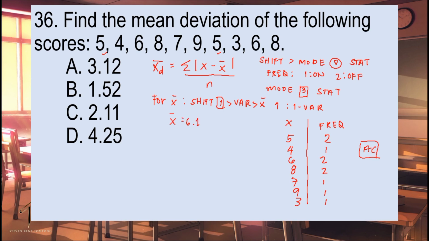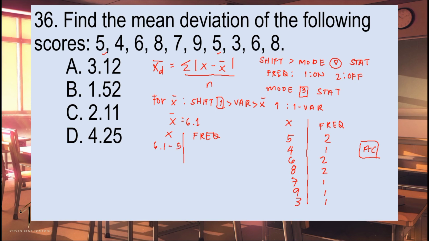Okay? Then, after nyo nun, ulit kayo dito sa table. Okay? Punta kayo ulit sa table. Kasi ang kailangan natin is yung x minus x bar na naka-absolute value. Therefore, for example, sa 5, ilalagay nyo dito 6.1 minus 5.